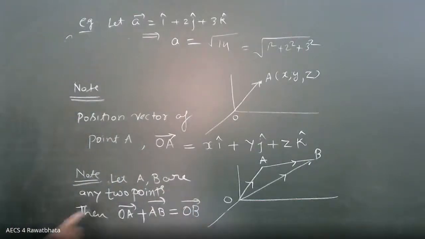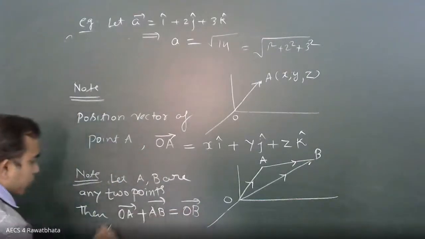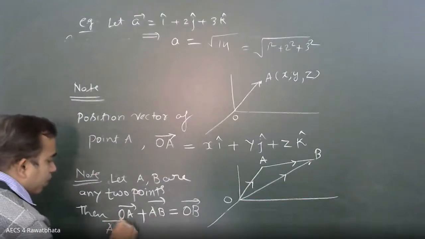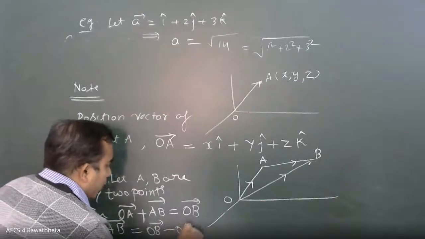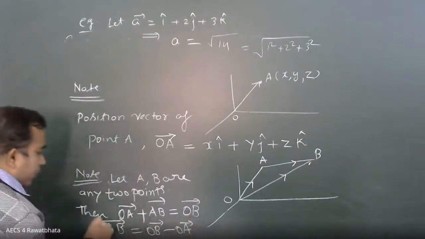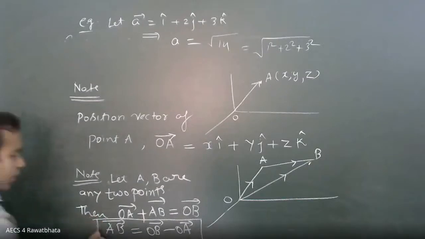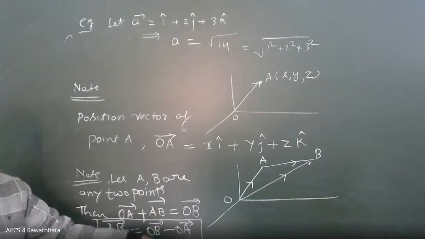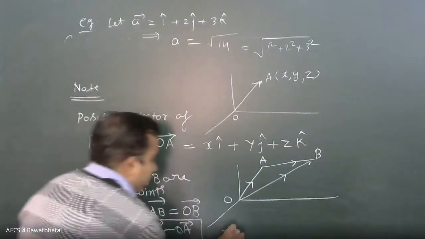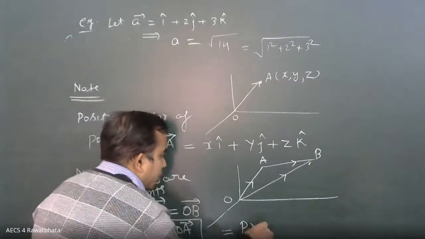And using this, if you shift one term to the other side, the AB vector can be calculated as OB vector minus OA vector. So keep in mind that if 2 points A and B are there, then AB vector will be position vector of B minus position vector of A. Position vector, in short I am writing PV.